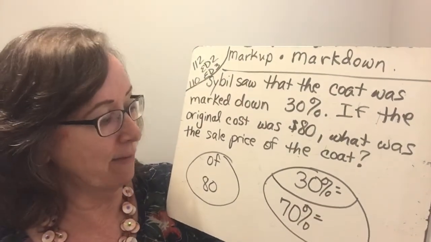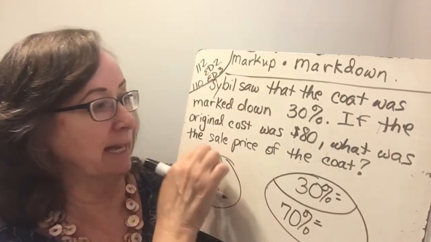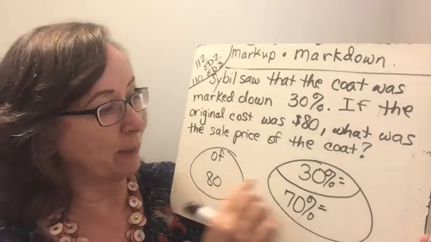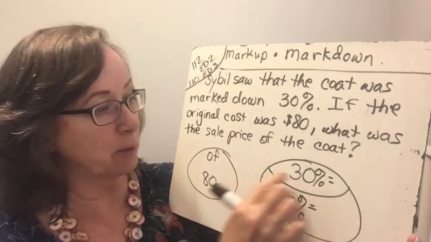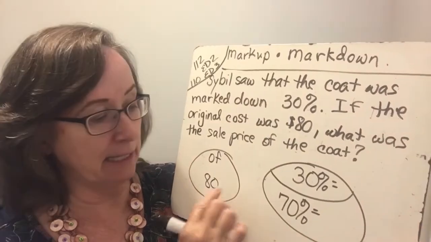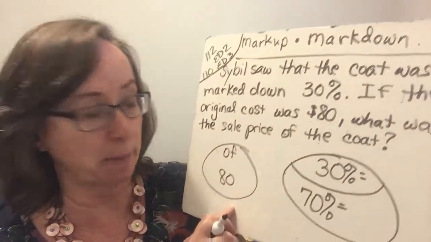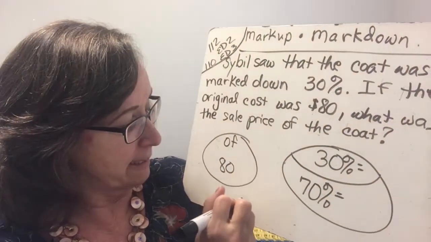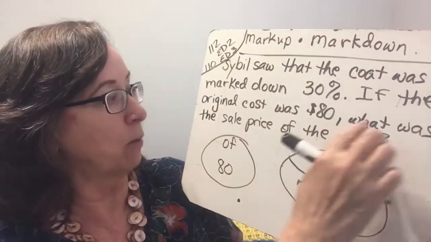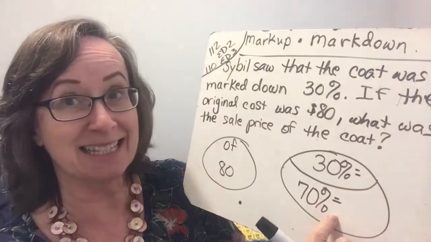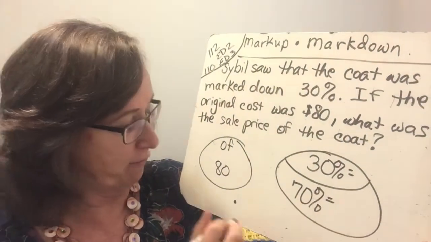So 70% is what the answer to the question is. We can split it up: we can say 30% of 80 and 70% of 80. Since the question is what was the sale price of the coat, that's the 70%. Let's just go ahead and figure that one out.